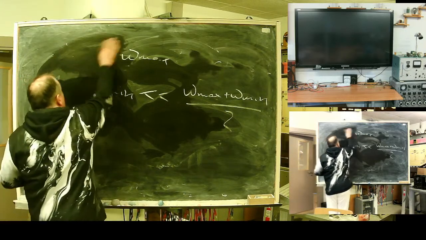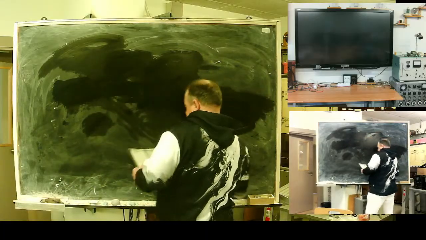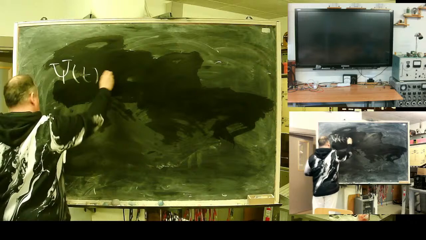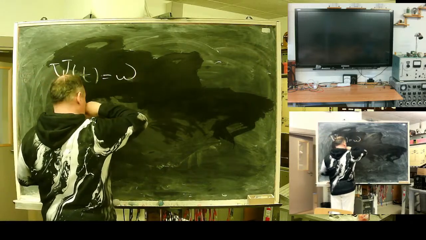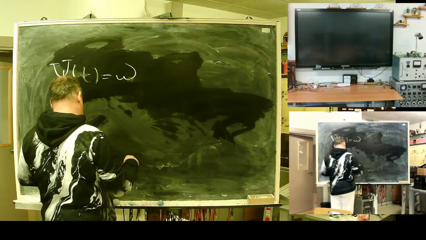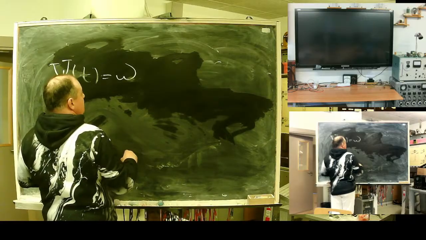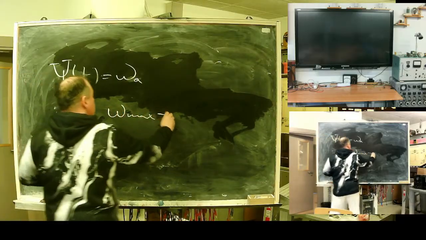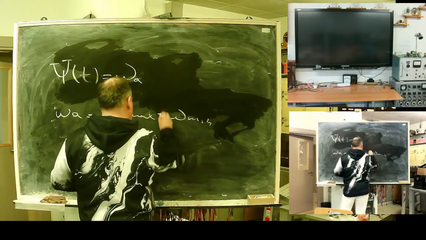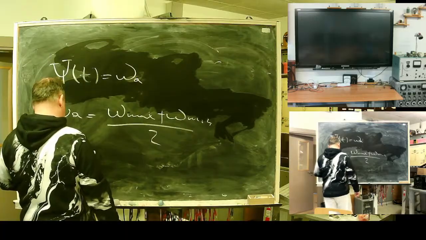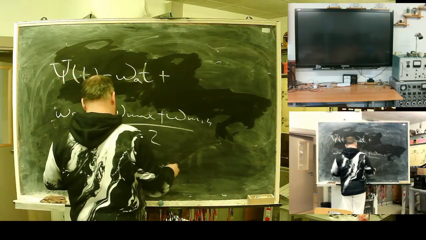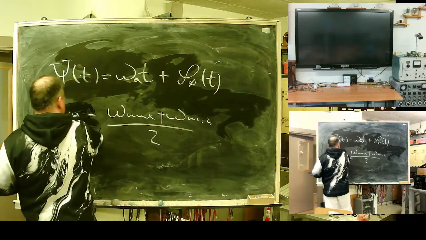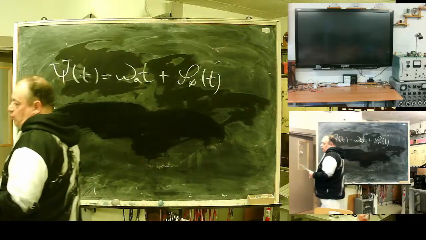If we write our full phase as omega 0 t plus phi 0, where omega 0 is the average, omega max plus omega min divided by half, the average central point of frequency, this phi 0 will change slowly.